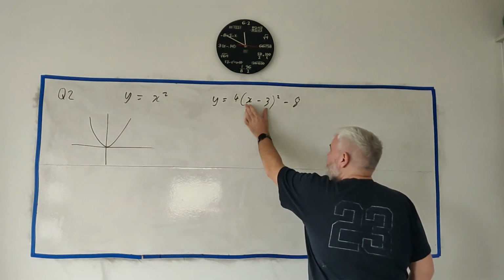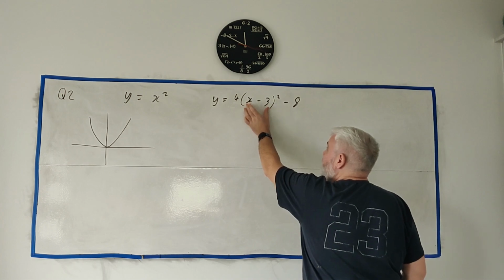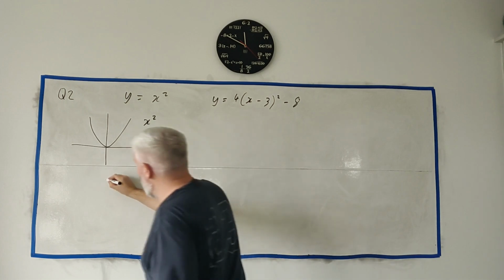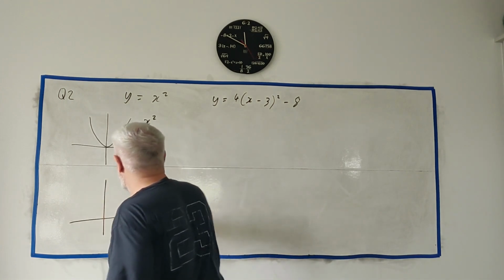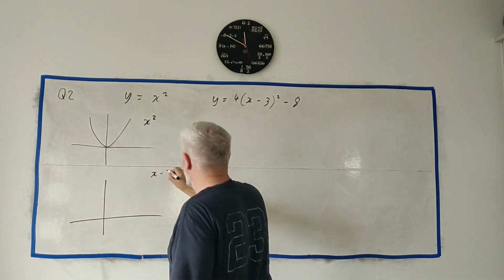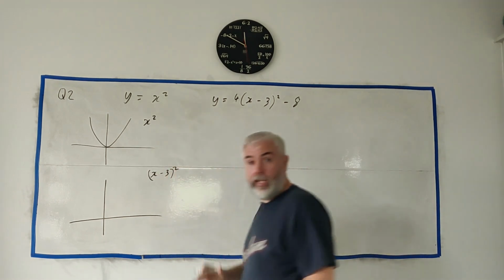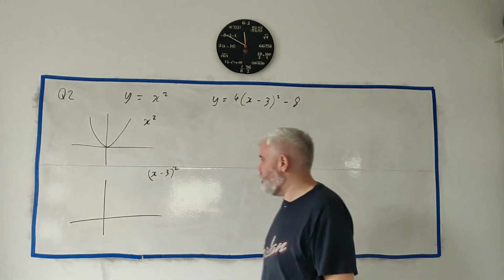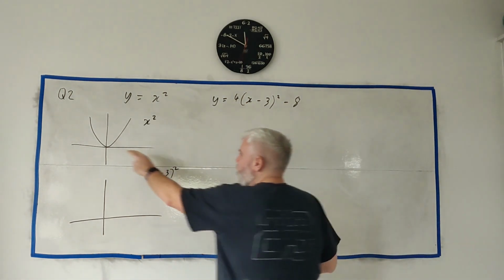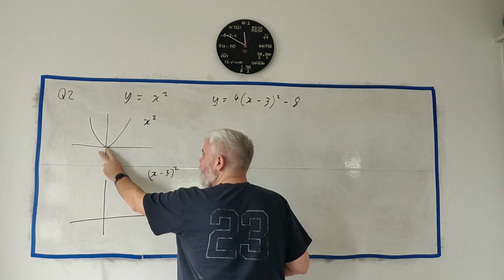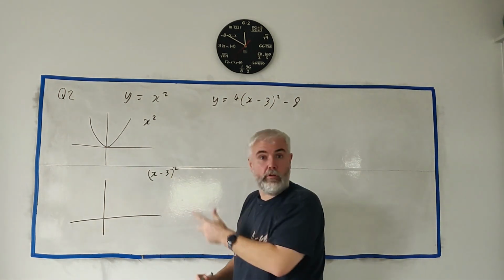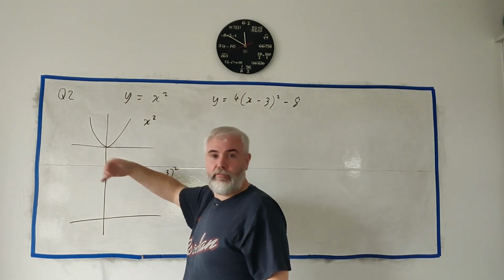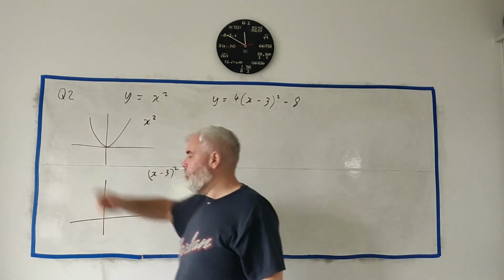So I'm going to first think about x minus 3. So this function here is just x squared. I'm going to draw that again. I'm going to try and draw x minus 3 squared. And what would that look like? And then we can see the transformation that happens to it. So you can think of this function as the lowest point here is when x is 0. And then when x is positive, it goes up. And when x is negative, because of the square, it goes up.